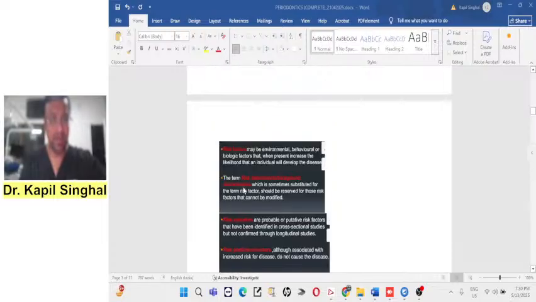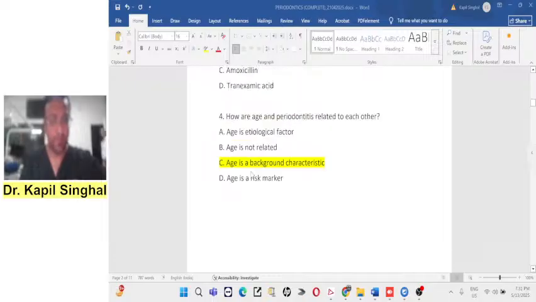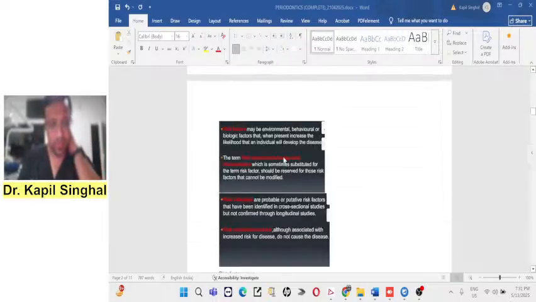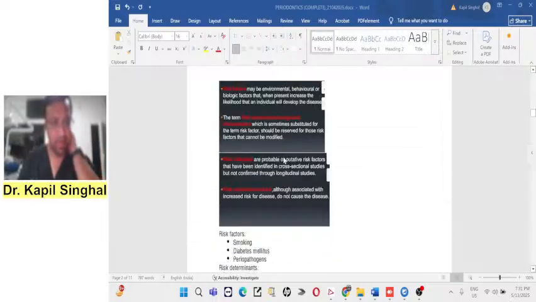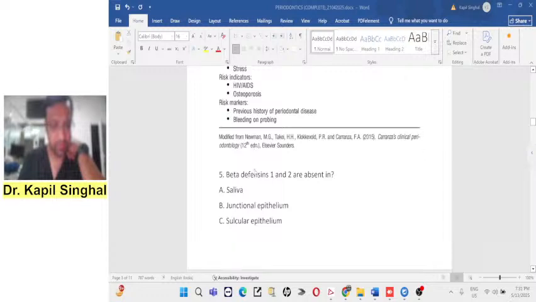So the correct option here would be option C. Please read all the options, and this is very important. I have seen this question being asked a lot of times, so just go through this: risk factor, risk determinant, risk indicator, and risk predictor.